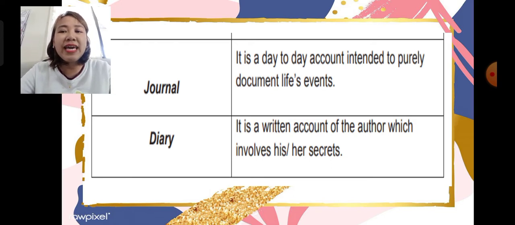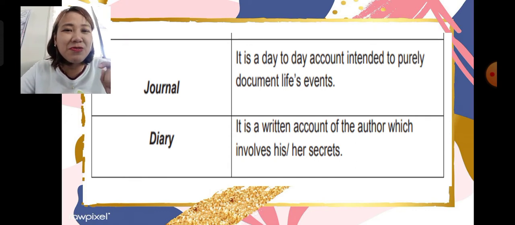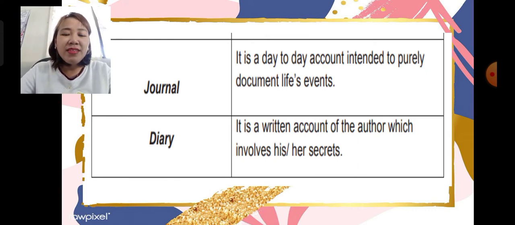So, anong nangyari? For example, nakita ko yung crush ko, so isusulat mo. So, that's a secret. Kasi, di ba, yung mga secrets na or yung mga hindi natin masabi sa ating mga friends, family, or parents is dinadaan natin sa diary, di ba? So, day to day, nakita ko yung crush ko may kasama ng iba.